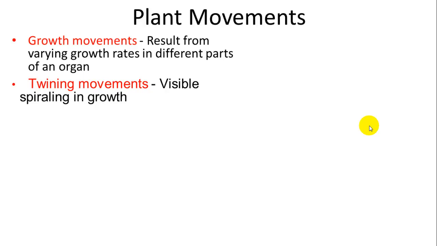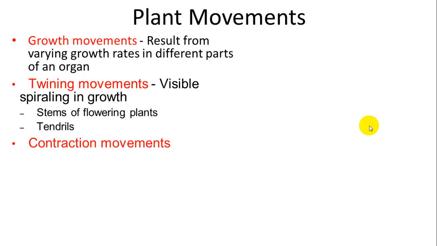Twining movements are visible spiraling growth. Okay, and so the stems of flowering plants will often have a spiral pattern arrangement to them, and tendrils as well. They will grab things and kind of spiral around in response to being touched.